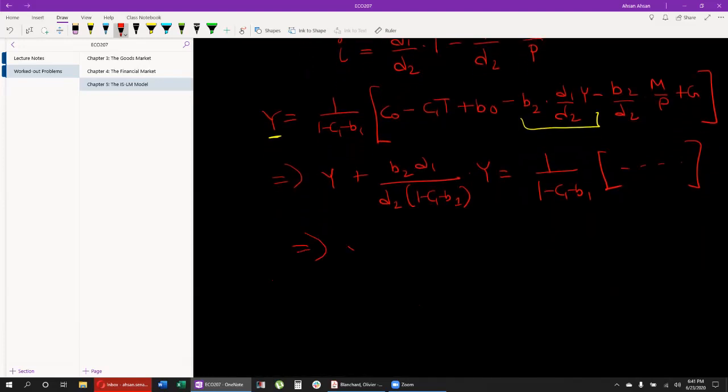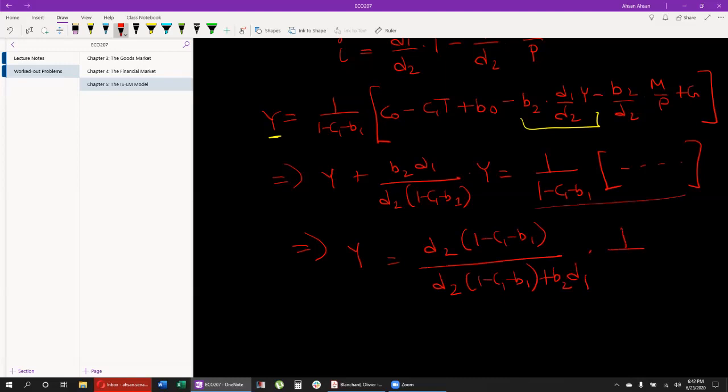If we simplify this further, we add this to Y, take it to the other side, and we get D2 times 1 minus C1 minus B1 divided by D2 times 1 minus C1 minus B1 plus B2 D1, times what we had here: 1 by 1 minus C1 minus B1 and what's in the bracket.